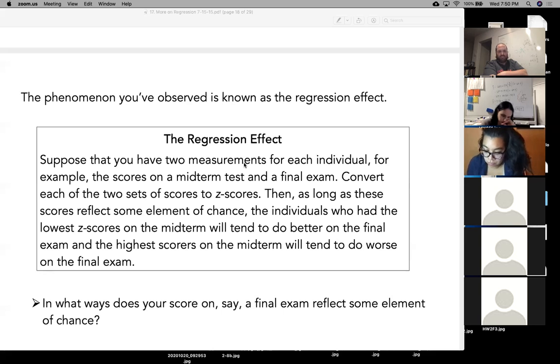Then, as long as these scores reflect some element of chance, and they're not deterministic, the individuals who had the lowest z-scores in the midterm will tend to do better on the final exam, and the highest scores in the midterm will tend to do worse on the final exam. But even this is a definition which specifically applies to midterms and finals. It's not a universal explanation.